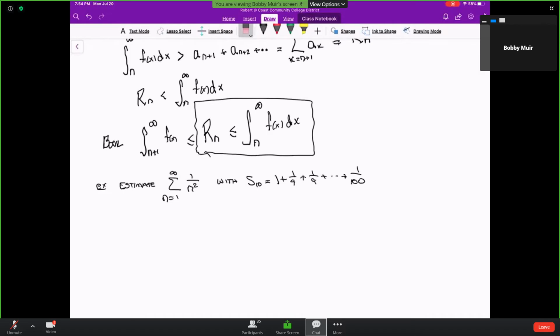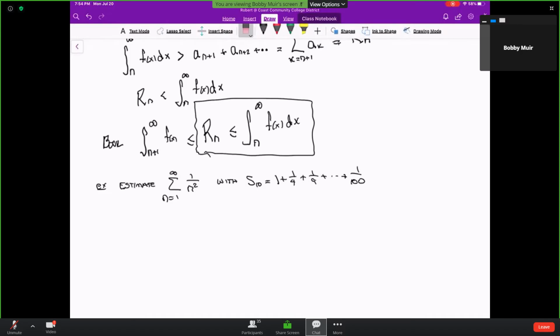I'm going to do that on my calculator real quick. 1 plus 1/4 plus 1 over 9 plus 1 over 16 plus 1 over 25 plus 1 over 36 plus 1 over 49 plus 1 over 64 plus 1 over 81 plus 1 over 100.